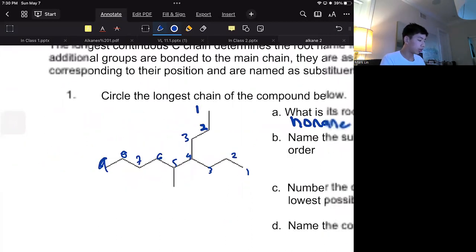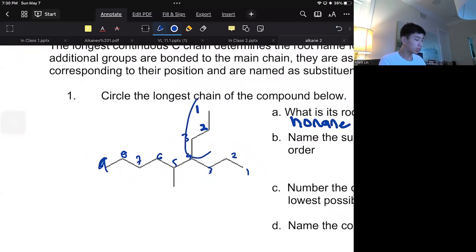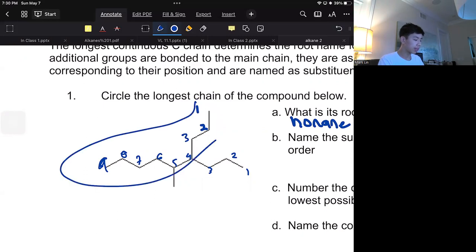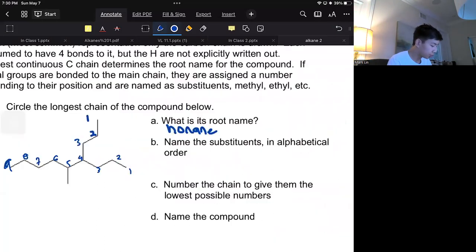If this is the main strand, our first substituent will be number 4. If this is our main strand, still our first substituent will be at number 4. So it doesn't really matter. So let's just do this one.